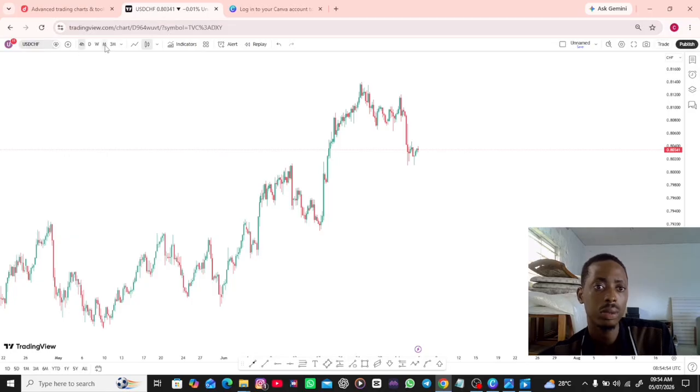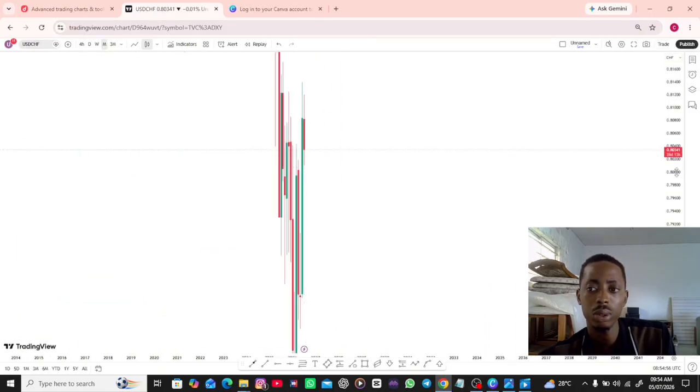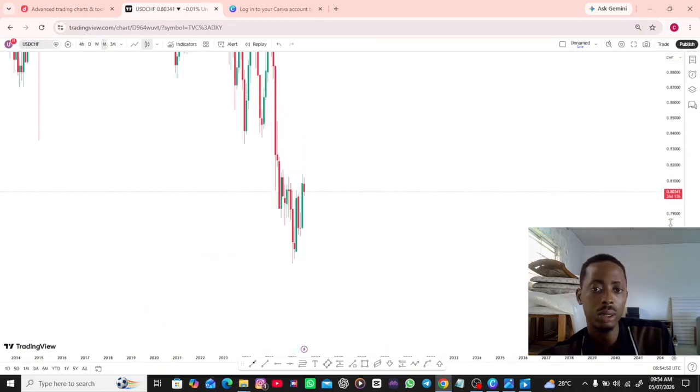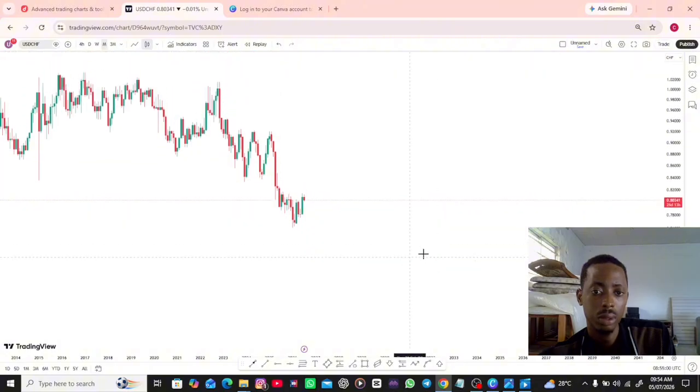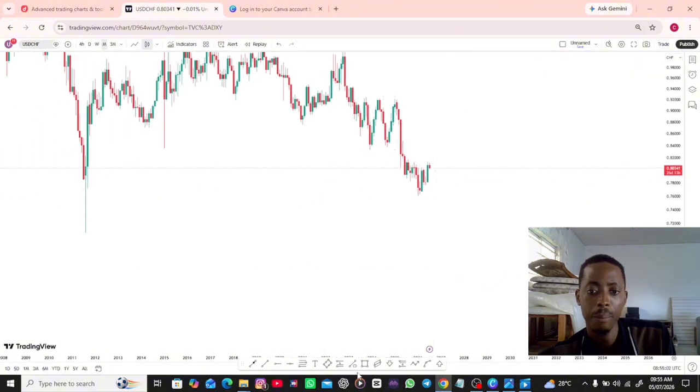USD/CHF: go on the monthly time frame, know what the market is doing. Currently I can see a level here. I can see a level around this level.